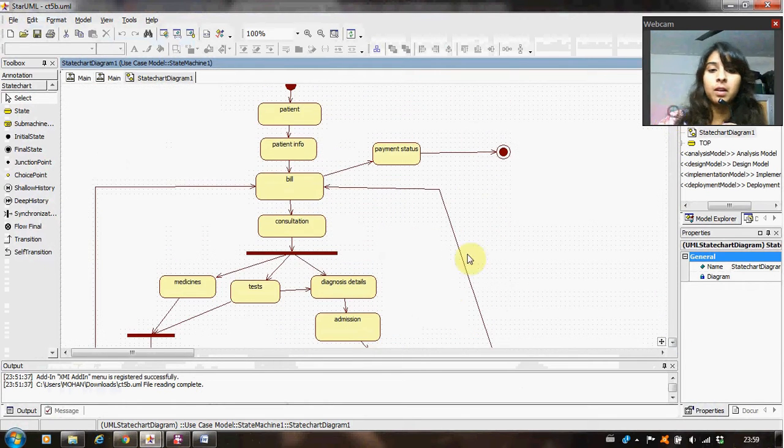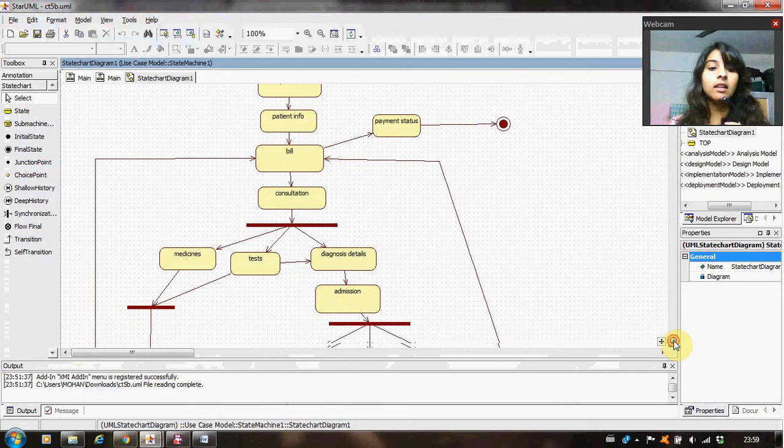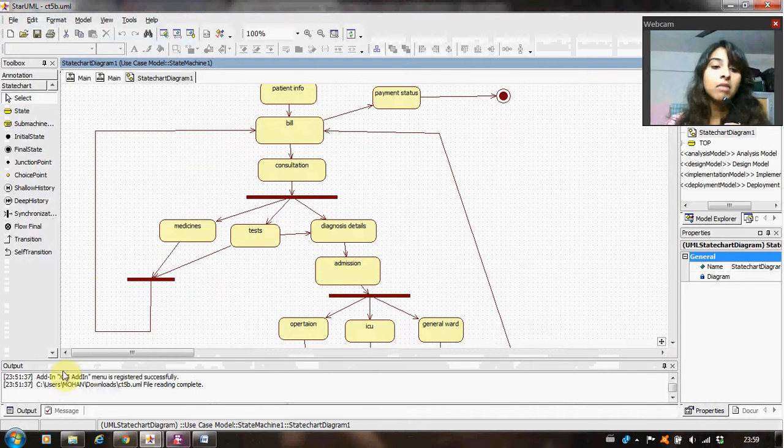Once all this information is provided, as you can see, it is all carried to the billing counter. All the details and all the payments that are supposed to be done are again taken to the billing counter. As you can see here, medicines and tests are both done together and again connected to billing.